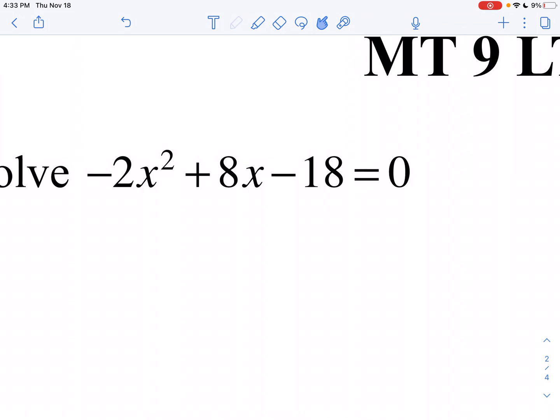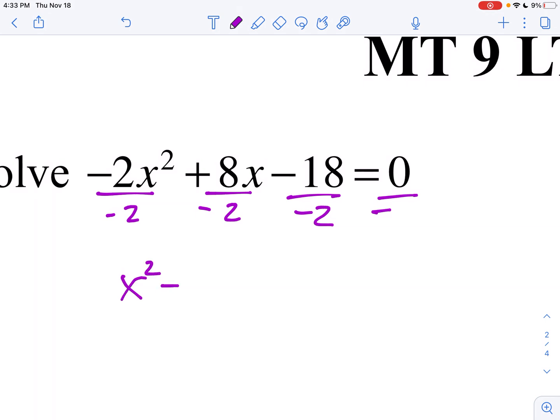I've got negative 2x squared, so what I'm going to do is divide everything by negative 2. So then I get x squared minus 9x plus 9 equals 0. Now I'm going to do the same thing I did on the previous page.